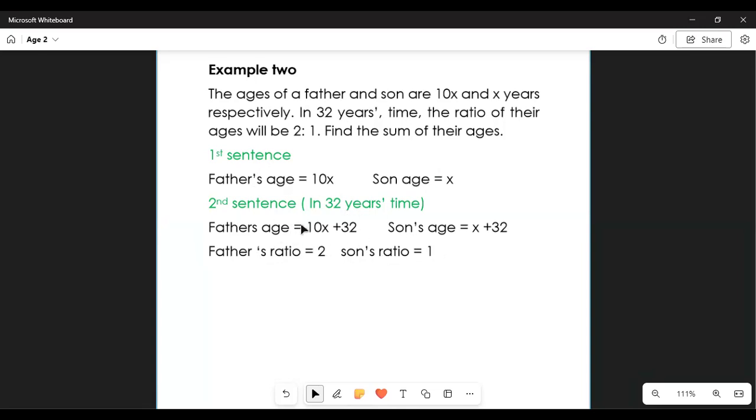When we get here, we would relate the father's age to the ratio, the son's age to the ratio. So let's go ahead and do that. The father's ratio is 2, so 2 is the same as 10x plus 32.